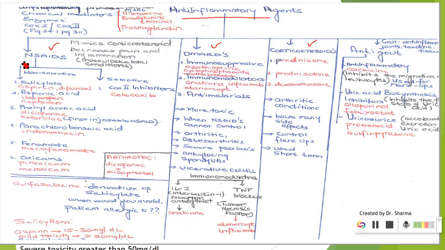So now we are first going to talk about NSAIDs. NSAIDs is the largest drug class that you can see here, right? NSAIDs are used for mild to moderate pain and inflammation. You're going to see they are also being used in the treatment of pain, but here we are focusing on inflammation, right? So the conditions that NSAIDs can help is musculoskeletal conditions.